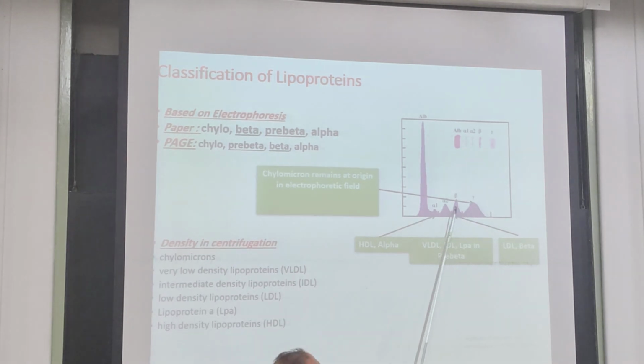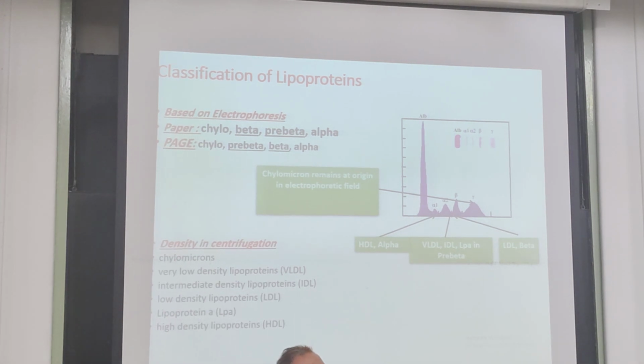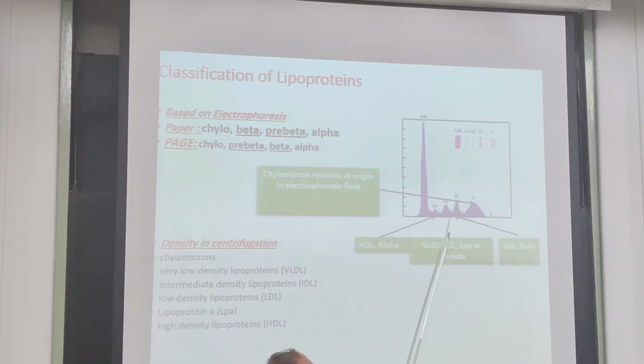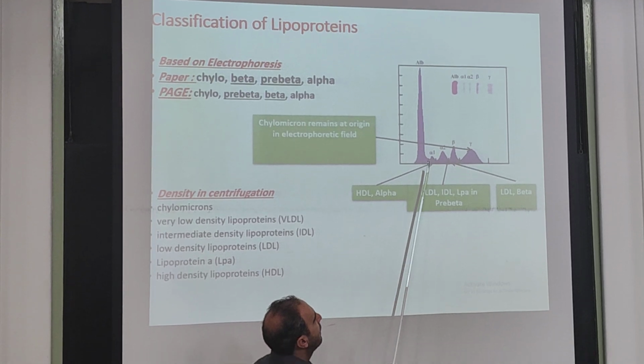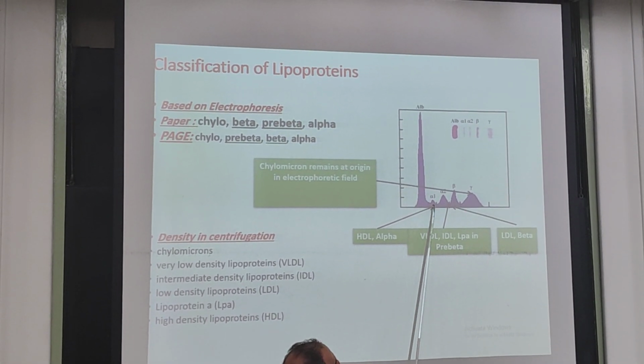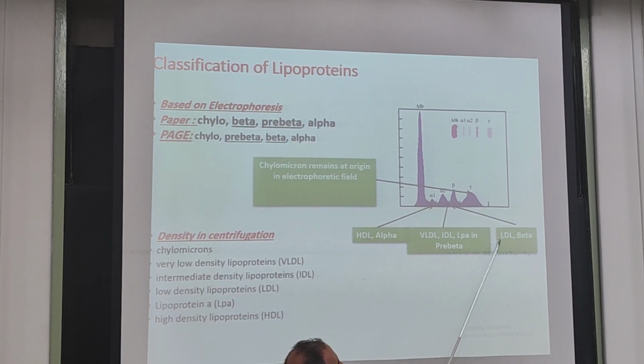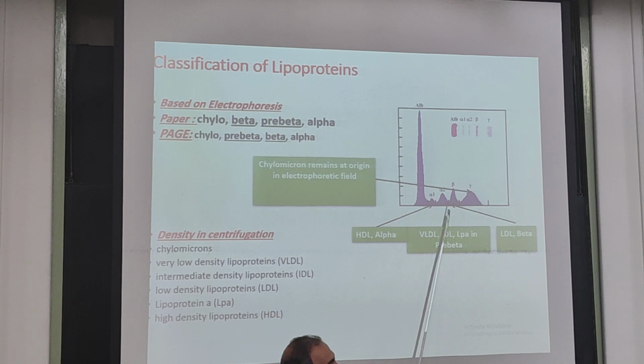And also here you can see the electrophoretic movement of lipoprotein. Here, alpha lipoprotein or HDL, and VLDL or IDL in pre-beta, and LDL in beta.